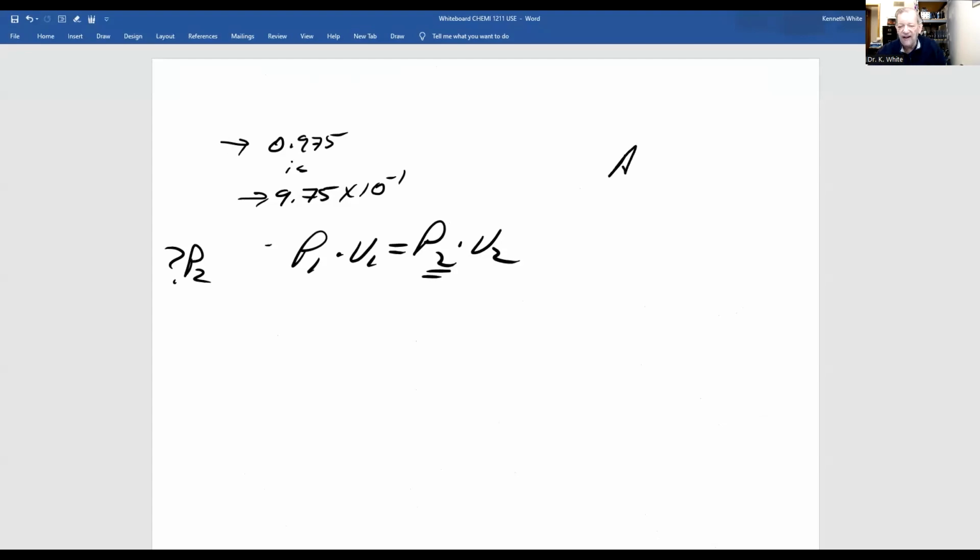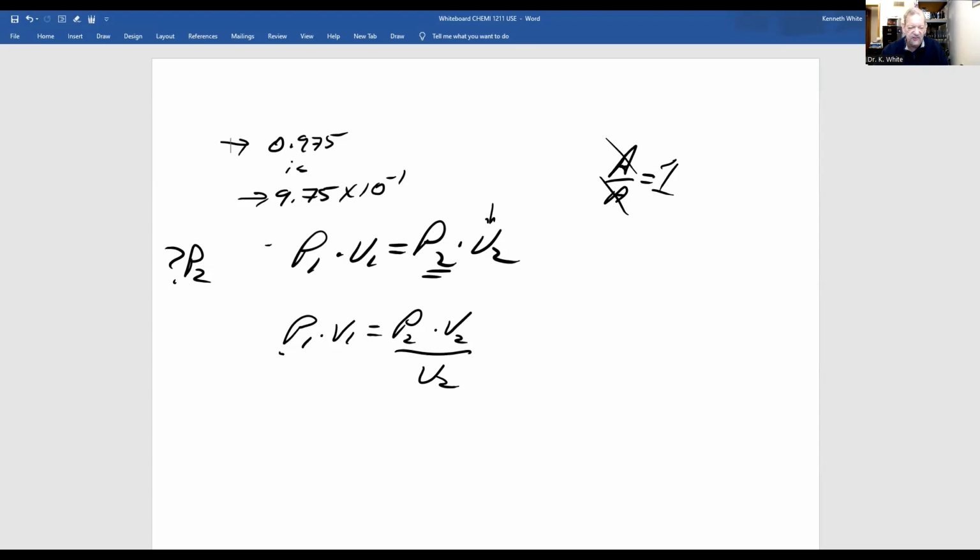You remember anything divided by itself equals the number 1. So if I want to get rid of V2, I'll divide by V2, because anything divided by itself is the number 1, meaning it's gone.